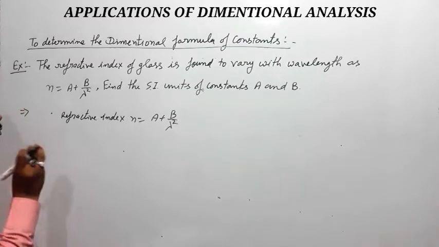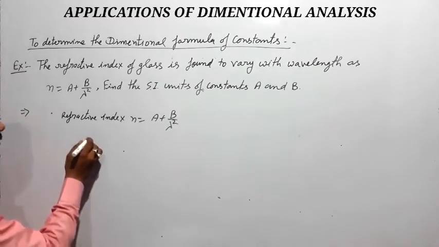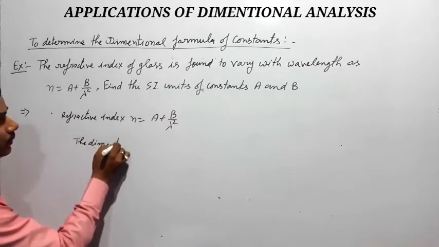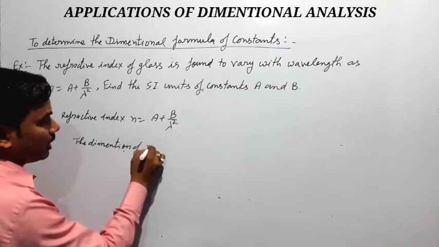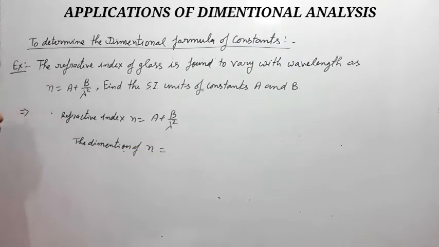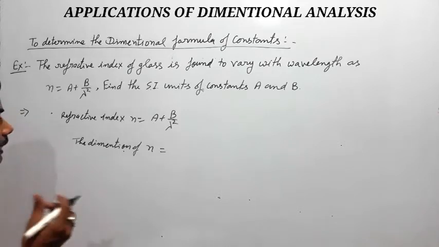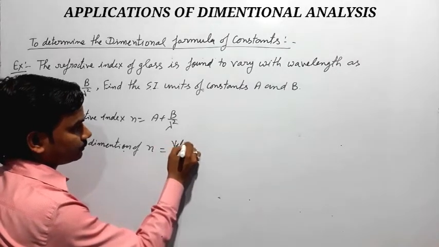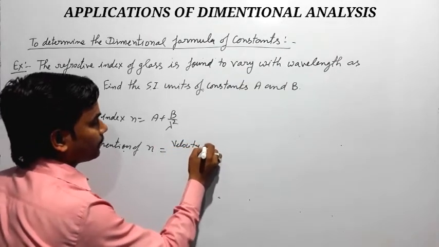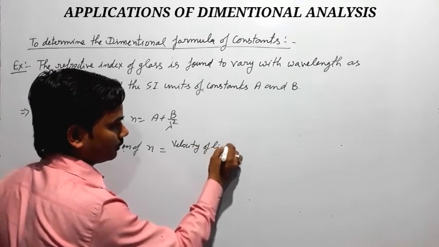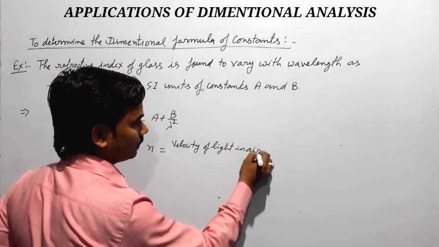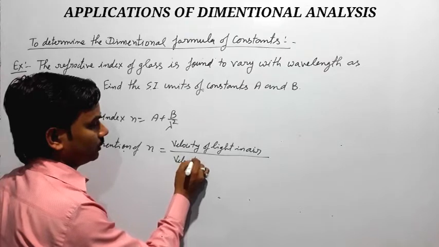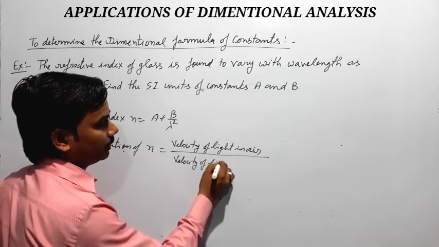So we have to know the dimension of n, that is the refractive index. We know the formula from class 10th: the refractive index is the velocity of light in air divided by the velocity of light in glass.